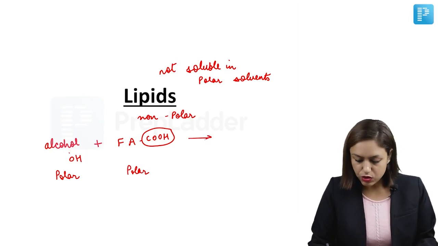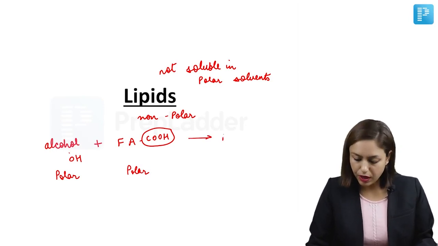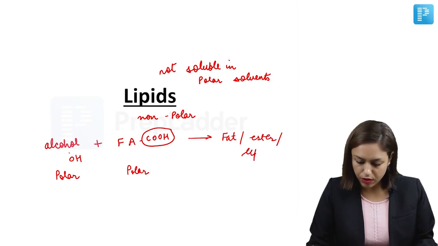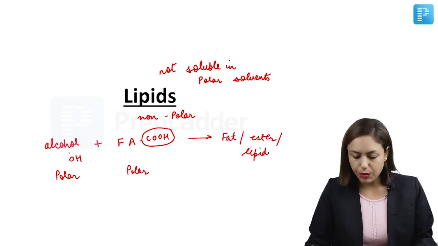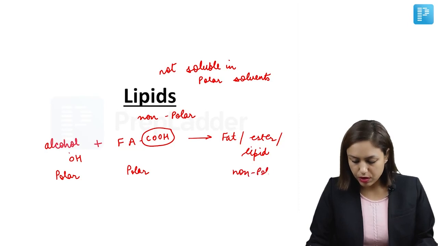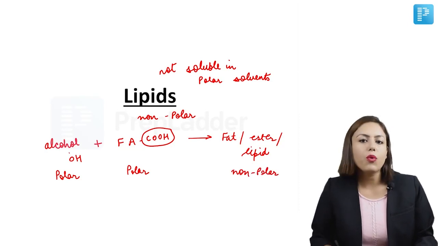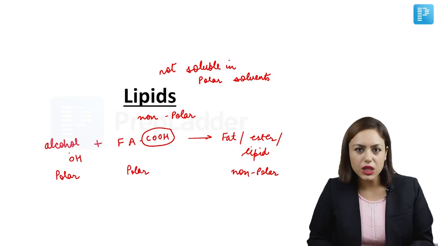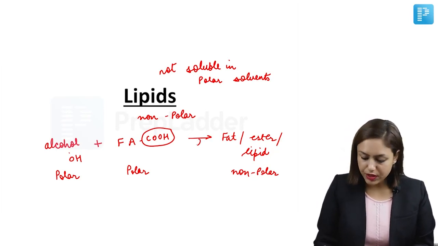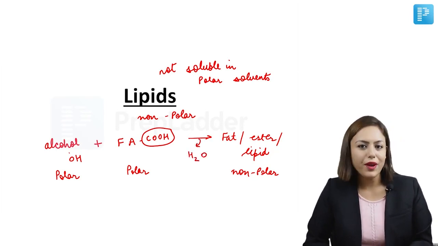Okay, so these two things join together to make fat or ester or lipid, and this lipid is non-polar. So this non-polar ester bond is made up of two polar things, right? And in this process water will be removed, right? To make a macromolecule, water is removed.